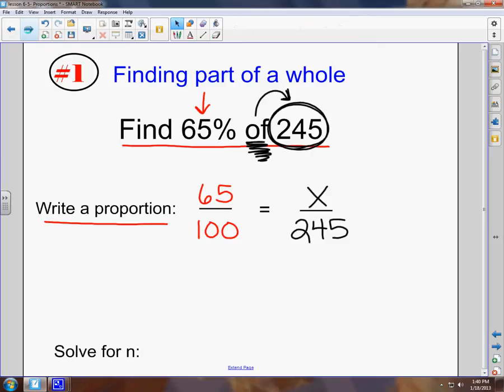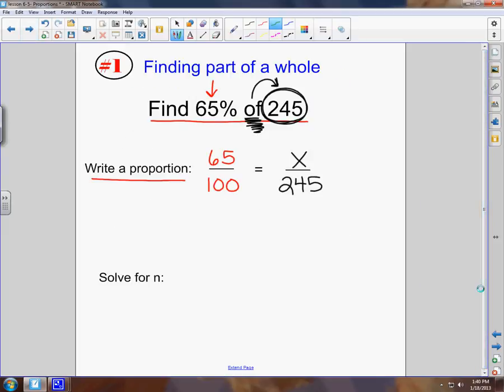So you take out your calculator, and then you're going to solve this proportion. So I'm going to cross multiply. So 100 times x is 100x, and then 65 times 245, that gives me 15,925.